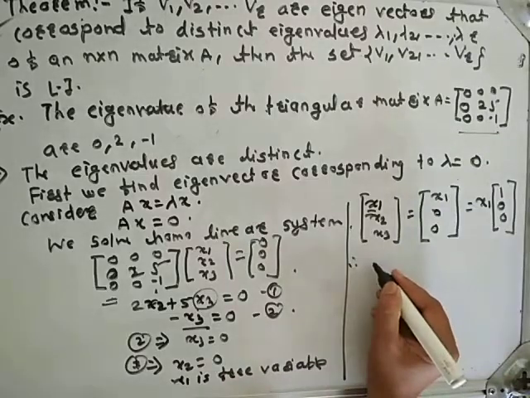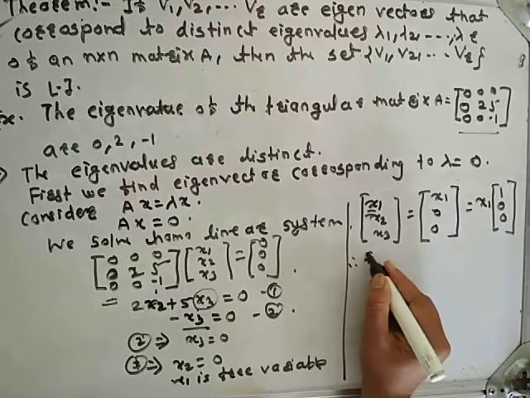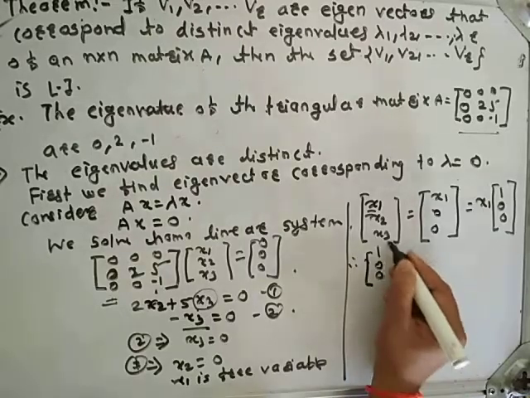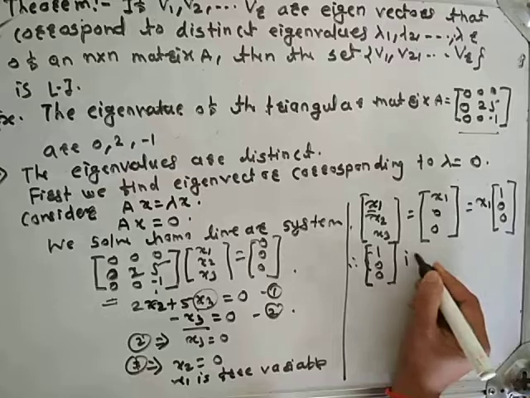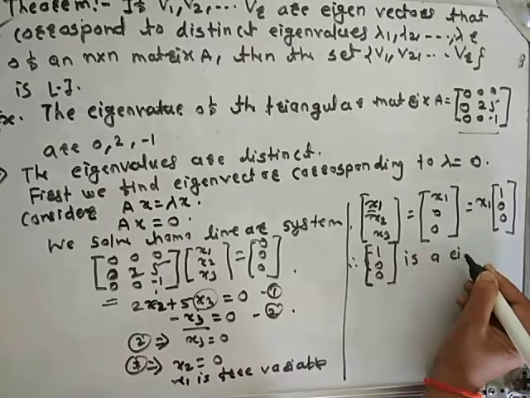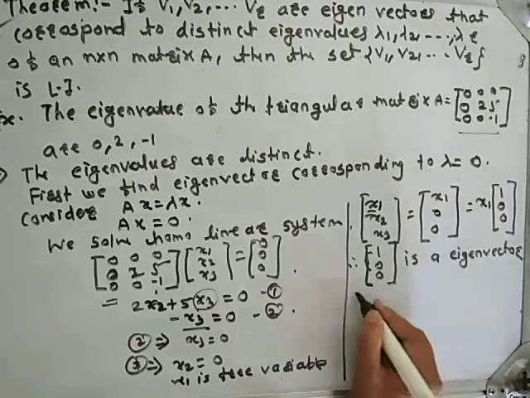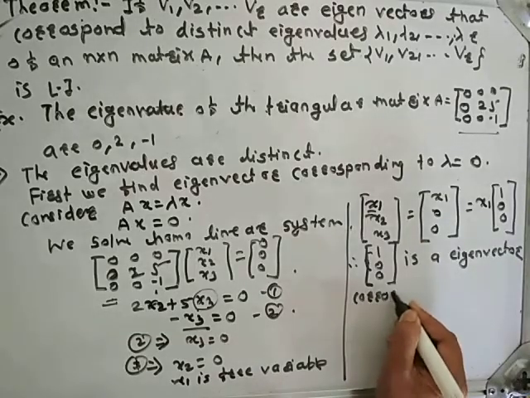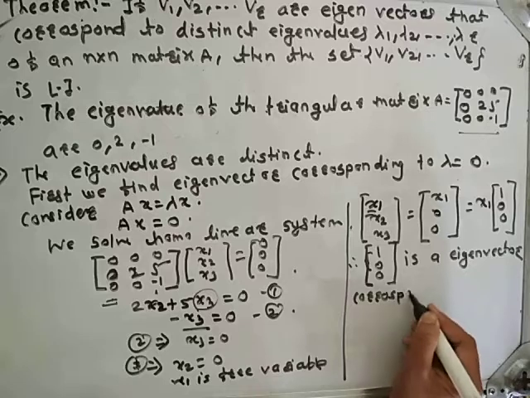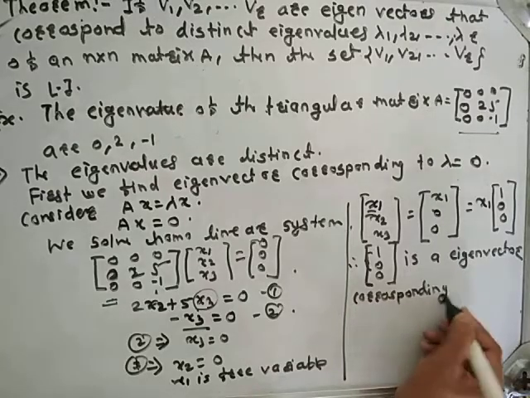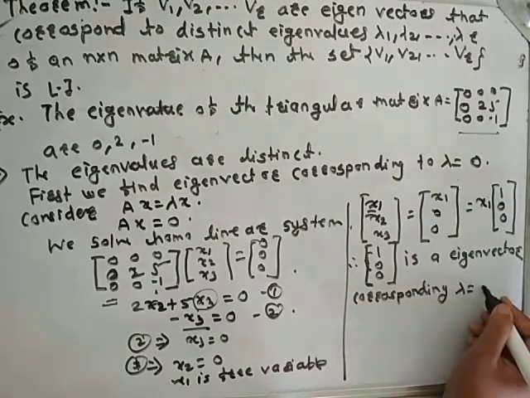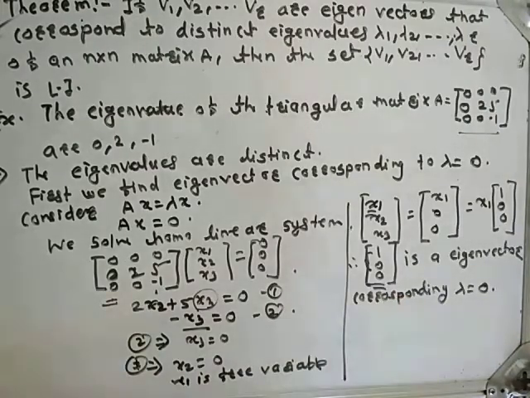Therefore 1, 0, 0 is an eigenvector corresponding to the eigenvalue lambda equal to 0.